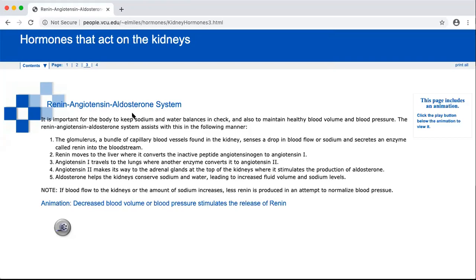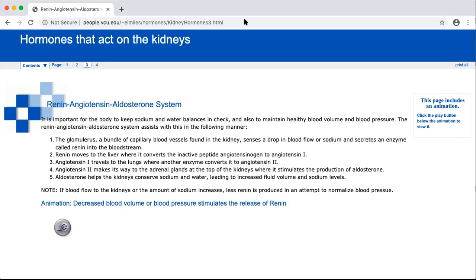It is important for the body to keep sodium and water balances in check, and also to maintain healthy blood volume and blood pressure. The renin-angiotensin-aldosterone system assists with this. When the glomerulus, a bundle of capillary blood vessels found in the kidney, senses a drop in blood flow or sodium, it secretes an enzyme called renin into the bloodstream. The renin moves to the liver, where it converts the inactive peptide angiotensinogen to angiotensin 1.